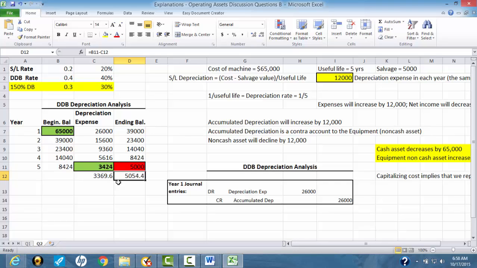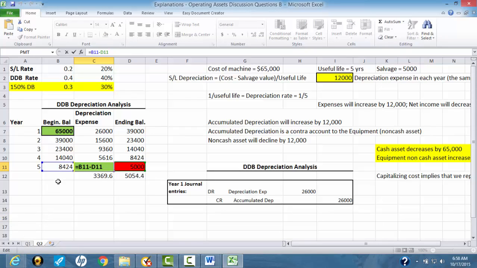So what this implies is that we need to do some approximation in the final year. So what we do is we work backwards, let the salvage value be 5,000 as required, and calculate the depreciation for the 5th year, which is an approximation.